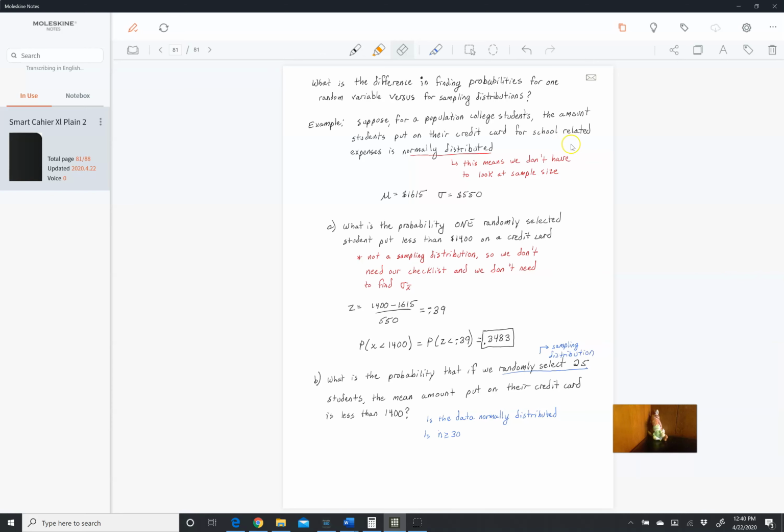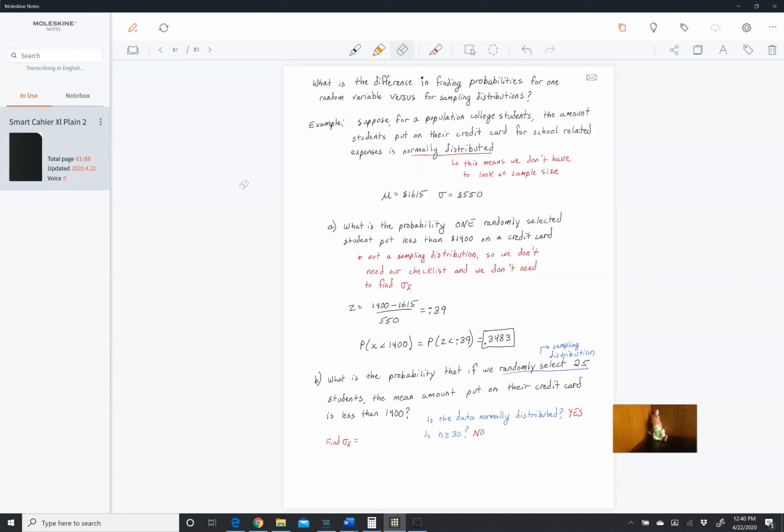Okay, so how do we answer this? Is it normally distributed? Yes. Is n greater than or equal to 30? No, only one of them has to be true though. So here we need to find sigma x first. That's the big difference, okay?